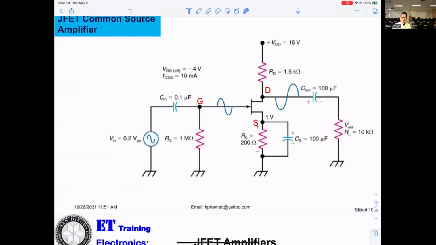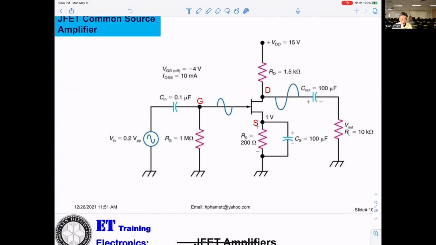And before you do a calculation for the amplifier, you have to do the calculation for DC bias first. For the self bias, if you want to do the DC bias calculation, you need the graph. That's what they don't want.